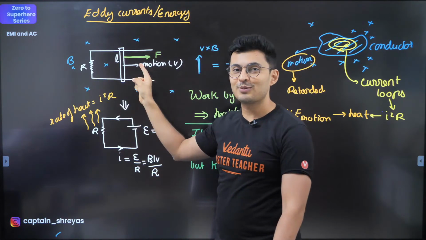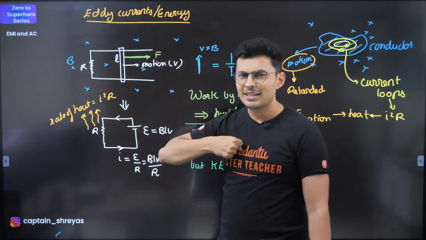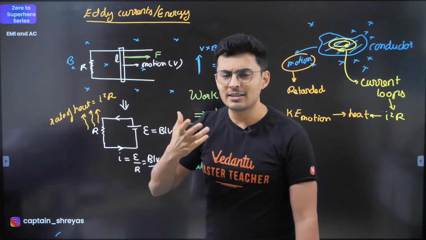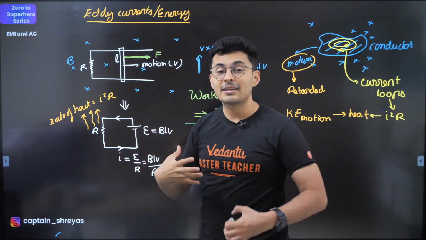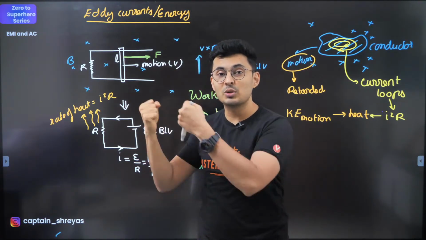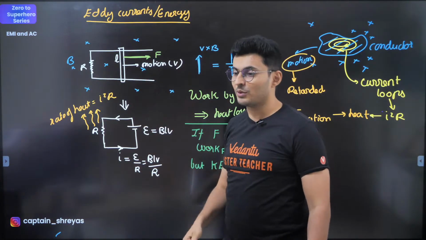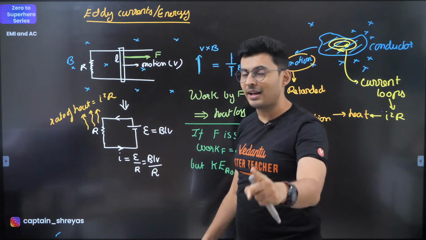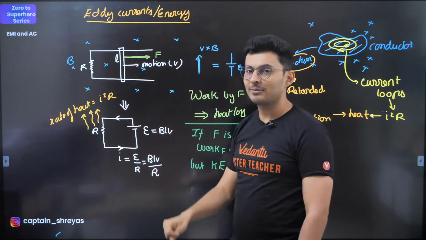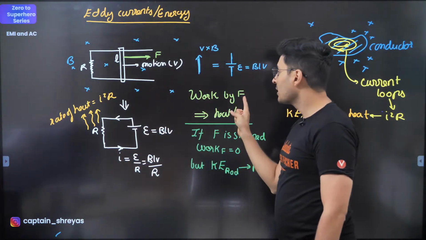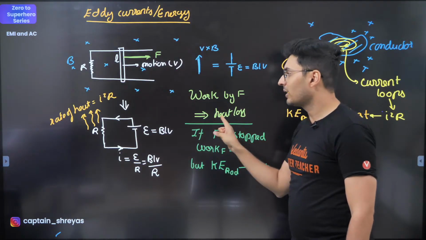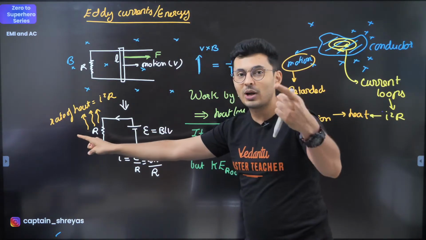There you go. I'm applying some force and I'm pulling this rod. That means all the idlis and vadas and sambar that I ate, that energy is being utilized to do work on that rod. So I'm doing some work by applying the force. That work done gets converted into heat. The work done by my force F gets converted into the heat loss. So that's where it is coming from.